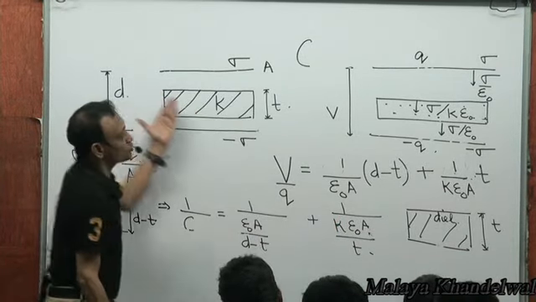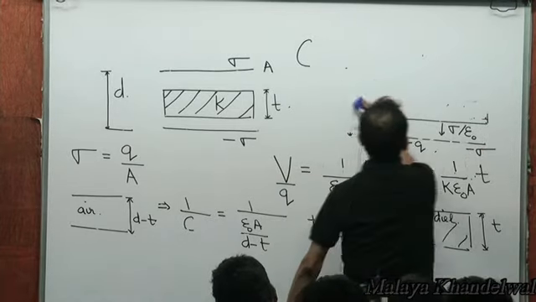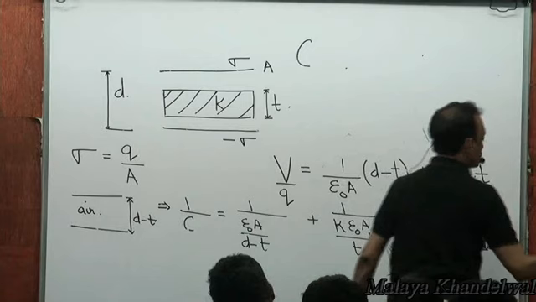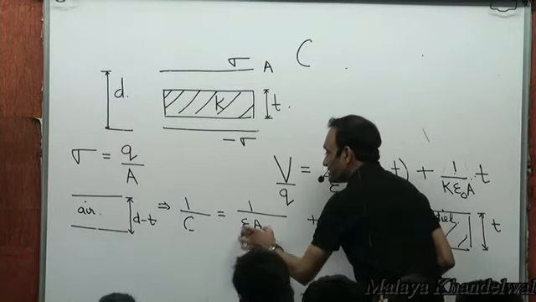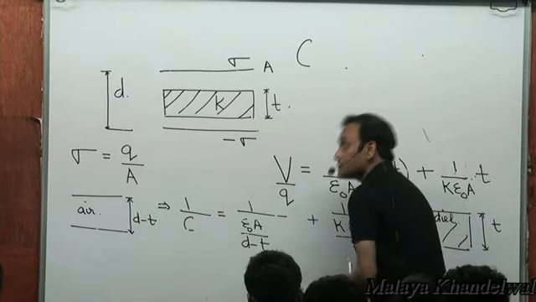This arrangement could be replaced by two capacitors in series, because 1 by C is 1 by C1 plus 1 by C2.